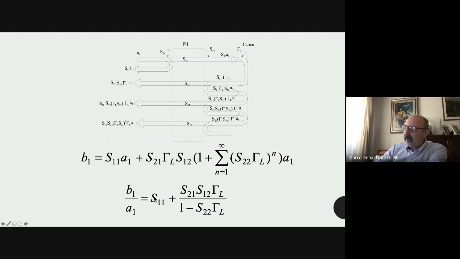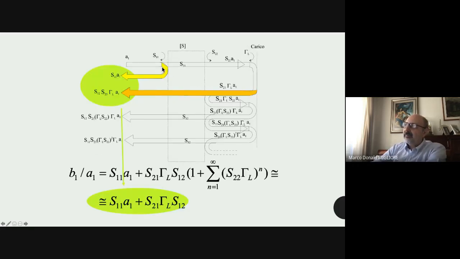And it depends also on these S parameters of the equivalent circuit that models everything there is between the measurement section and the load section.